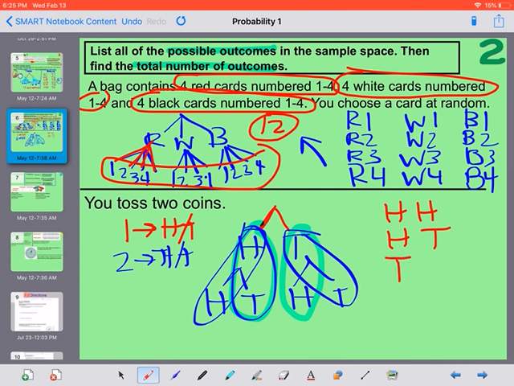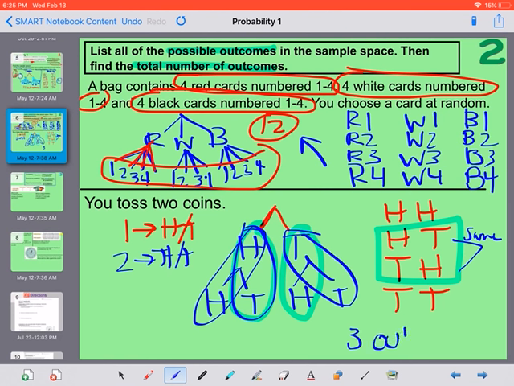Or we could get tails, heads, tails, tails. 2 of these outcomes are actually identical. Getting tails and heads and tails and heads at the same time are actually the same identical one. Okay? So there are really only 3 outcomes because 2 of these are the same.